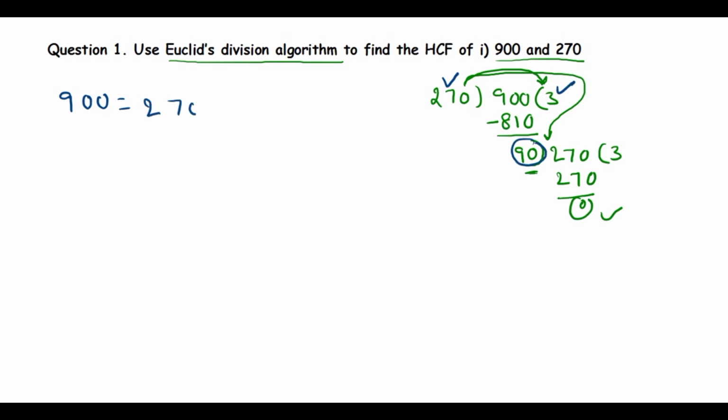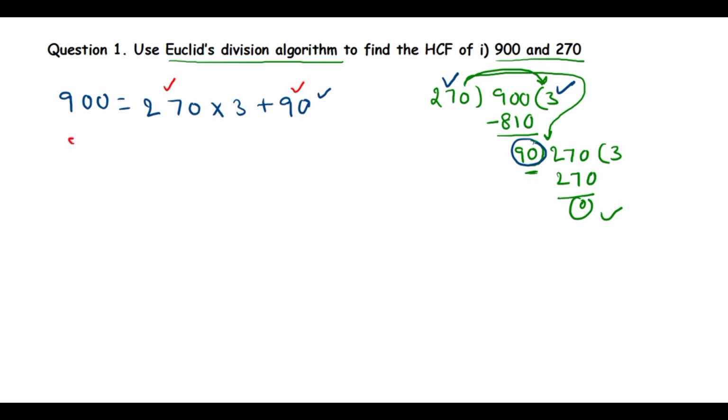Since the remainder is not equal to 0, apply Euclid division algorithm again to 270 and 90.